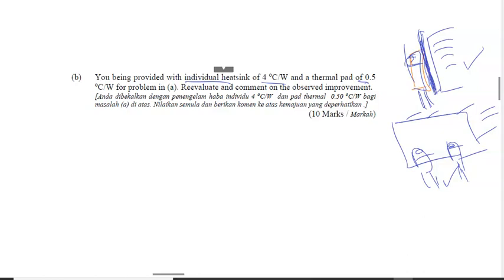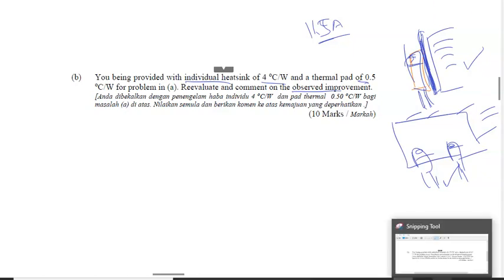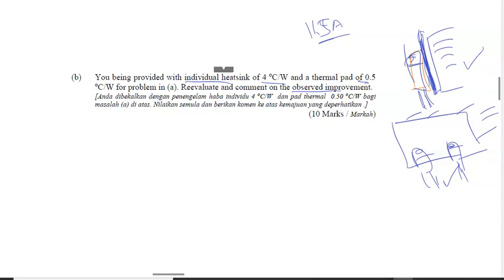So re-evaluate on your observed improvement. Previously we calculated 11 point something ampere in terms of the amount that the device can conduct, and it's now 11.5. So now we put a heatsink on the device.